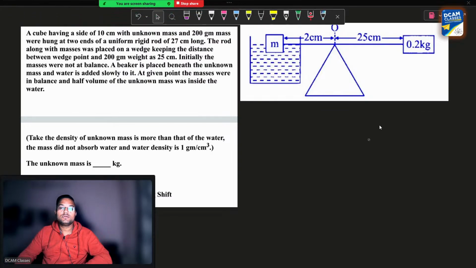Are you getting idea how to solve it? Let me solve it. Only 2 minutes are left.